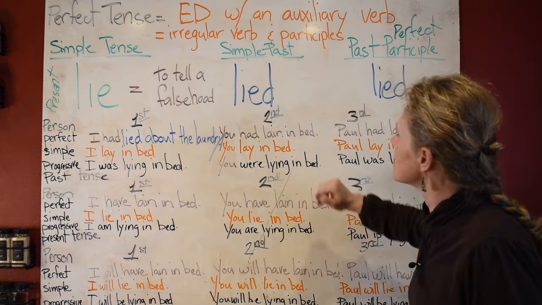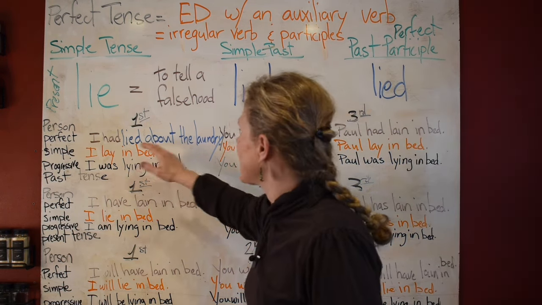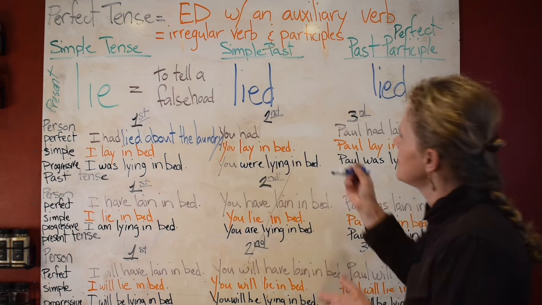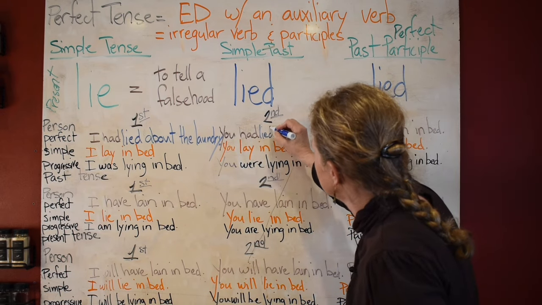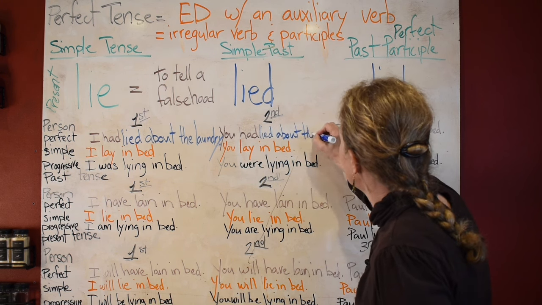So do we have to change this? So in the perfect tense, the first person, singular, you have to use your auxiliary verb with the past participle of lied. I had lied about the laundry. You had lied about the laundry.